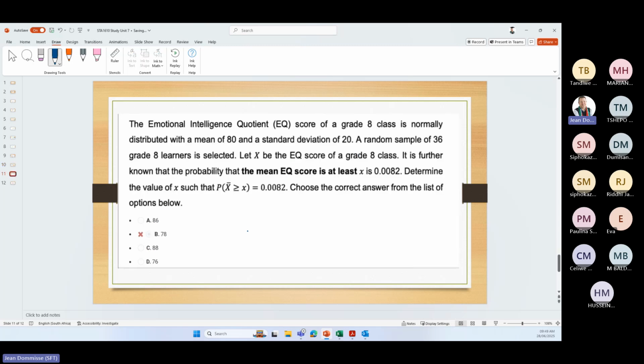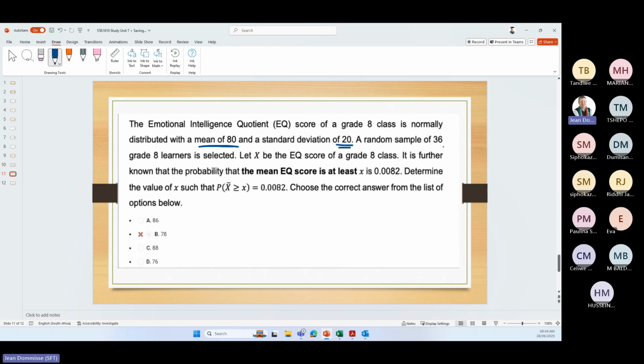Then something a bit different, and this might have already come up in your assessment as well. The EQ score of a grade 8 class is normally distributed with a mean of 80 and a standard deviation of 20. So we've got our mean and our standard deviation.